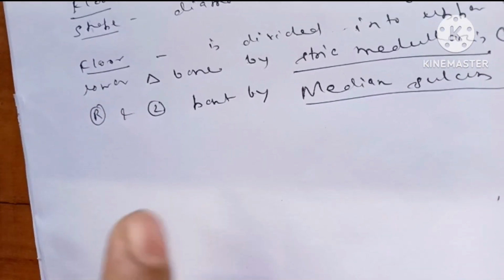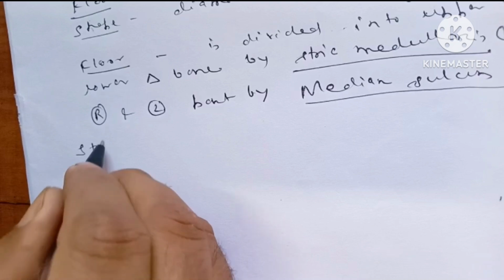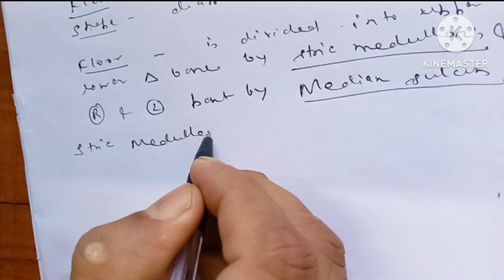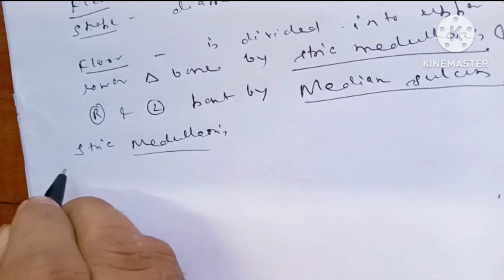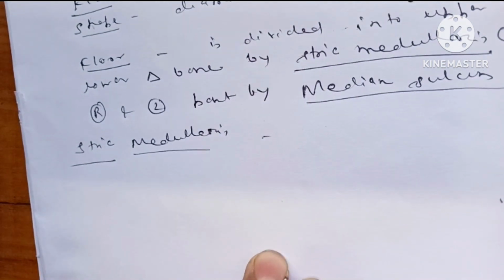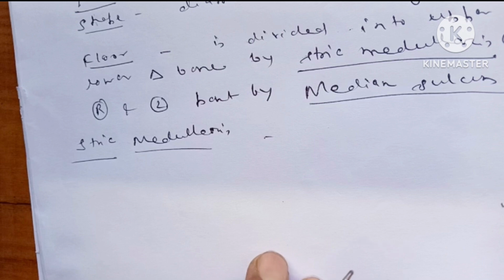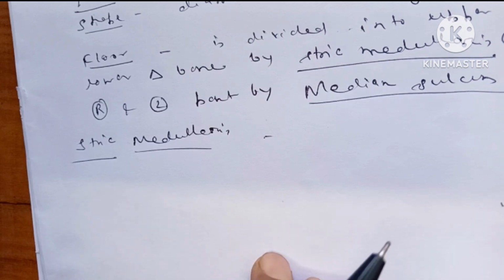Now, what is stria medullaris? Very important term. It is a bundle of transversely running fibers at the junction of the bases of these two triangles, that is, at the junction of the pons and the medulla.